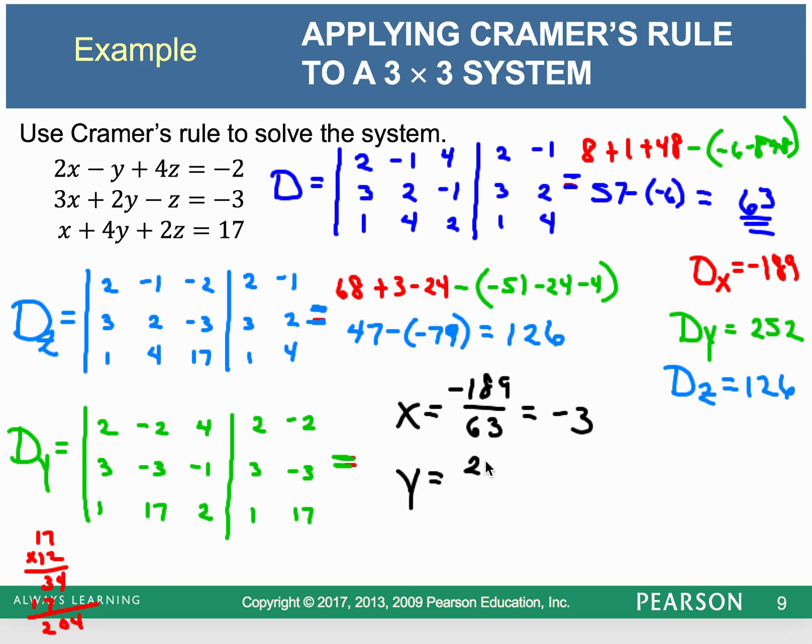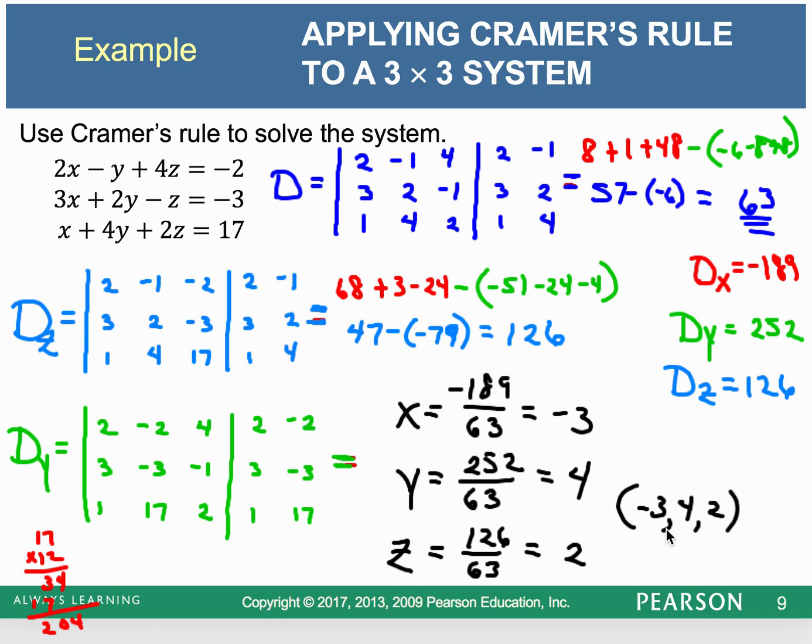Y is 252 over 63, which is 4. Z is 126 over 63, which is 2. Negative 3, 4, 2. Awesome.